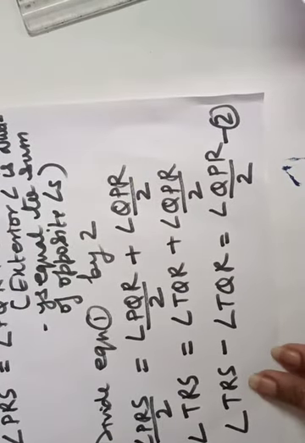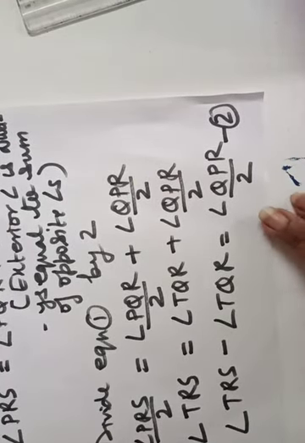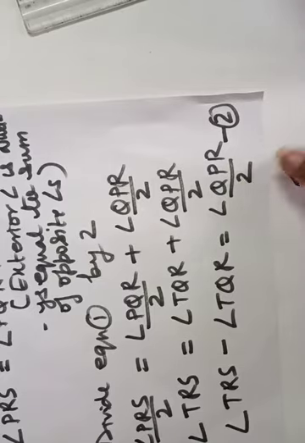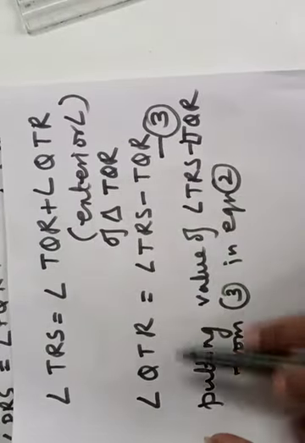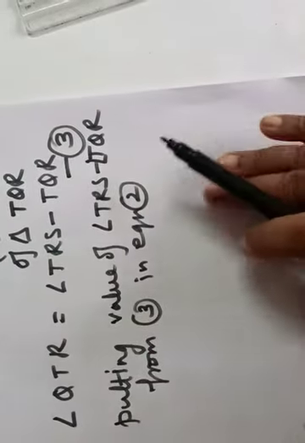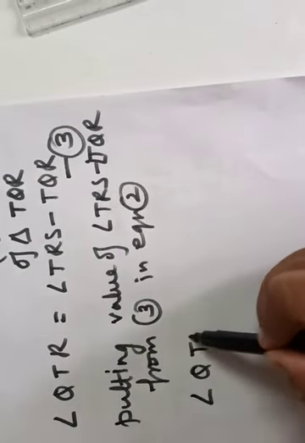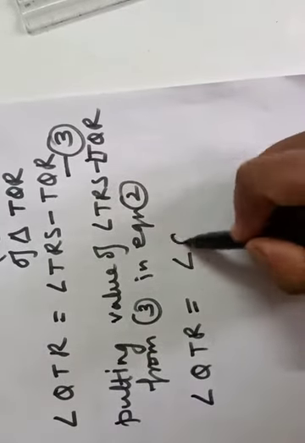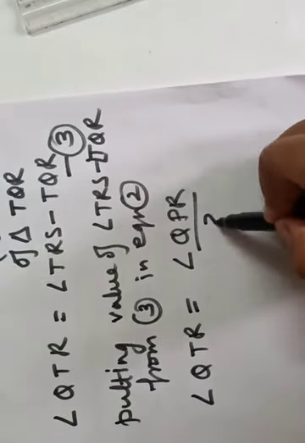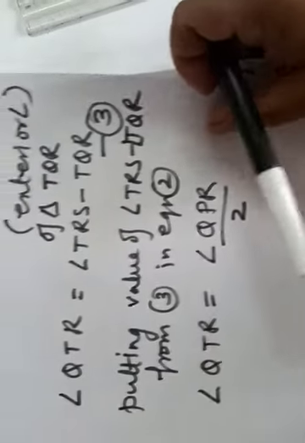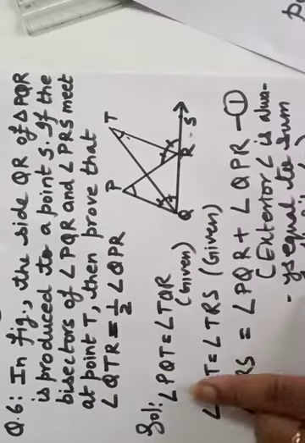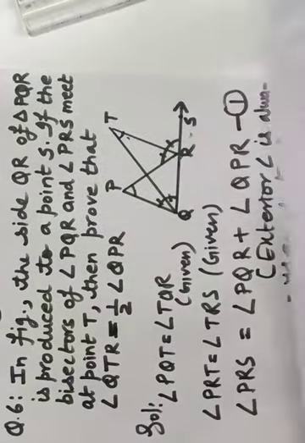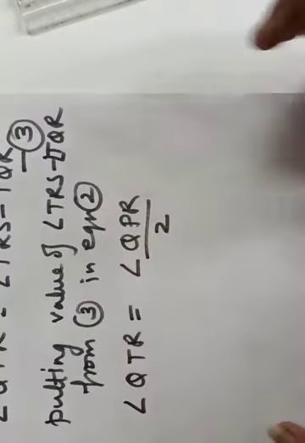Equation number 2 was TRS minus TQR is equal to angle QPR upon 2. And here we can see TRS minus TQR is equal to angle QTR. So angle QTR is equal to half of angle QPR, which we needed to prove. Yes, I hope it is clear. Hence proved.